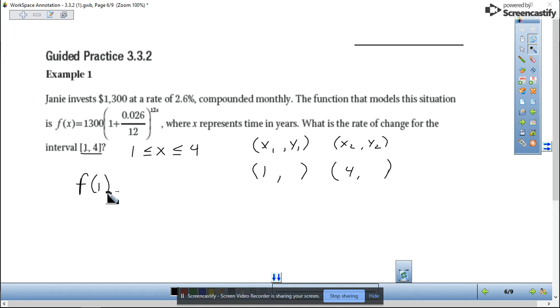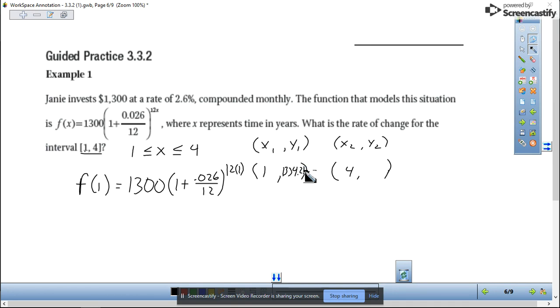So I want to find f of 1, which means I'm going to do 1,300 times 1 plus 0.026 over 12 to the 12 times 1 power. Okay? Now, when you do that, which you should use your calculator for, you get 1,334.21. Okay? Sorry, I kind of crammed that in there.